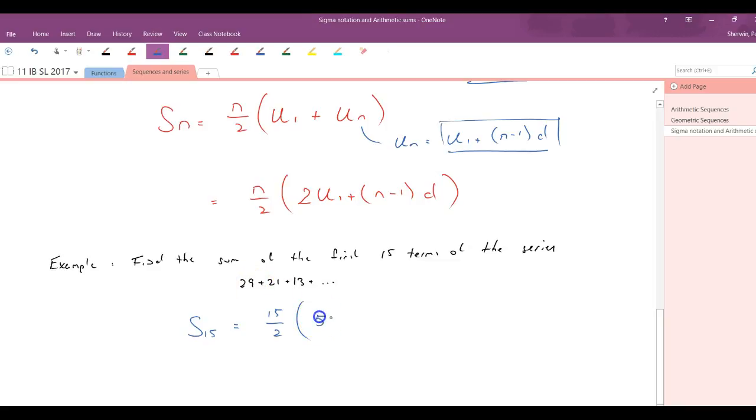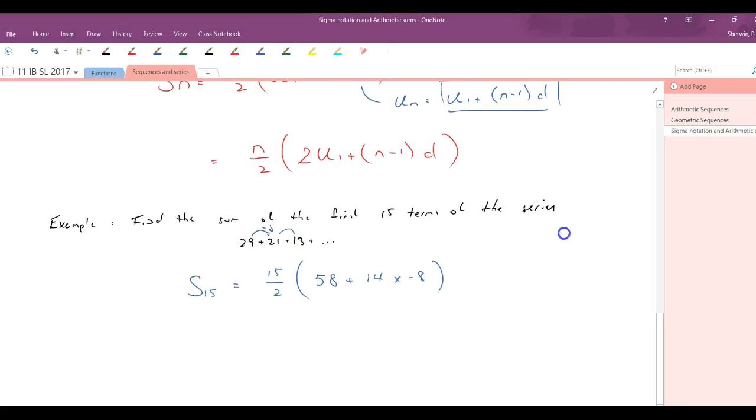So 2 times 29 gives me 58. 2 times 29 plus n minus 1, which is 14, times d. Well, we're going down by 8 each time, aren't we? So d is minus 8. So I just need to work out 7.5 times 58 plus 14 times minus 8. I'll get the calculator.